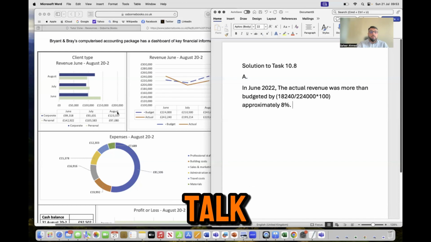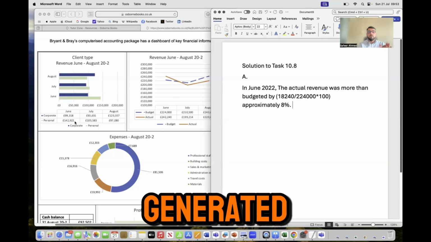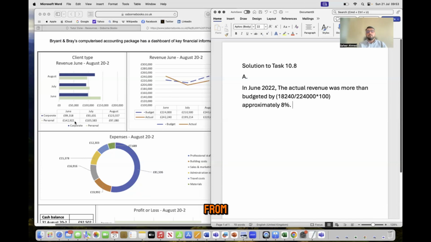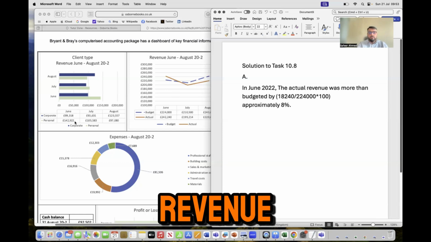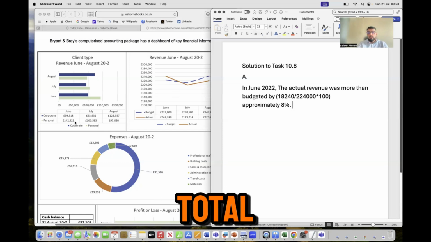Now you're going to talk about revenue in June in terms of how much the firm has generated from the personal clients and how much from the corporate clients. The total actual revenue, as you know, was 242,240.